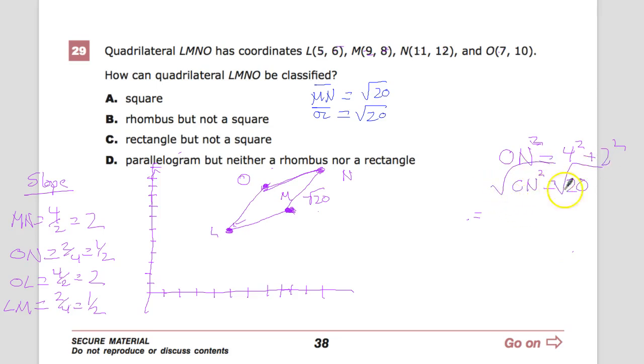So ON is equal to the square root of 20. So far we have ON is the square root of 20.